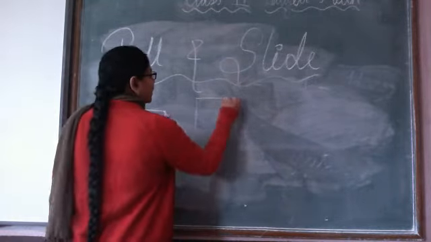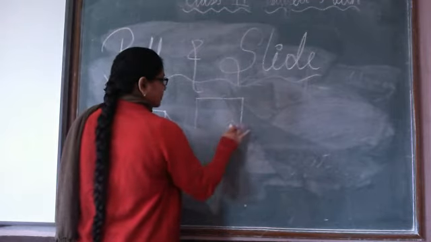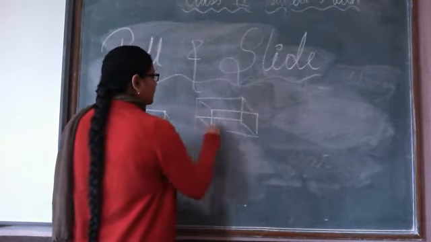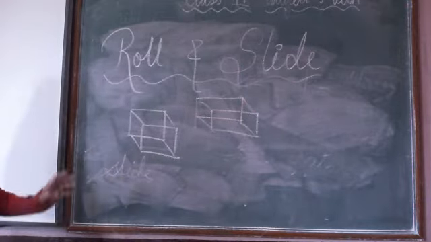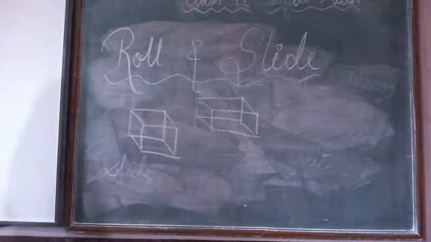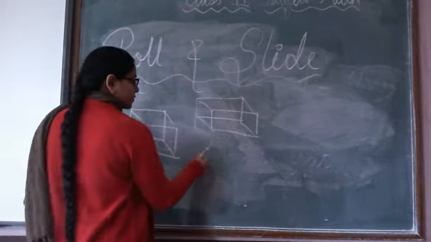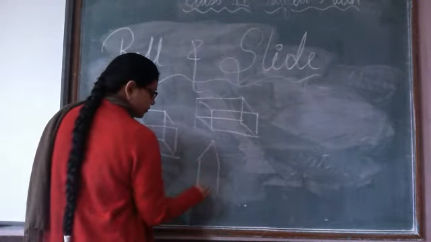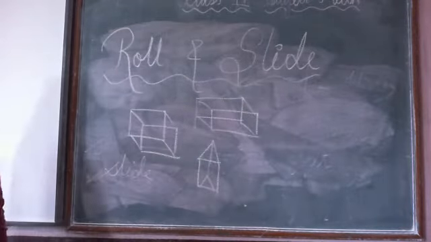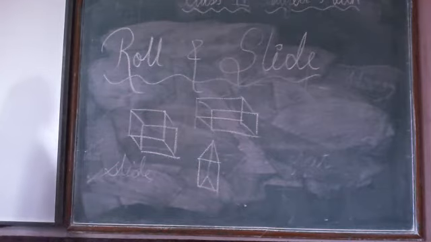Now the cuboid. Look at this cuboid. Will it roll or slide? Yes, this one will also slide because this again has a flat surface. Now this prism, will this roll or slide?